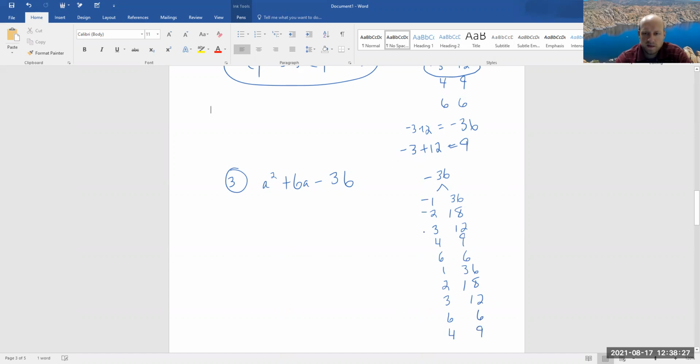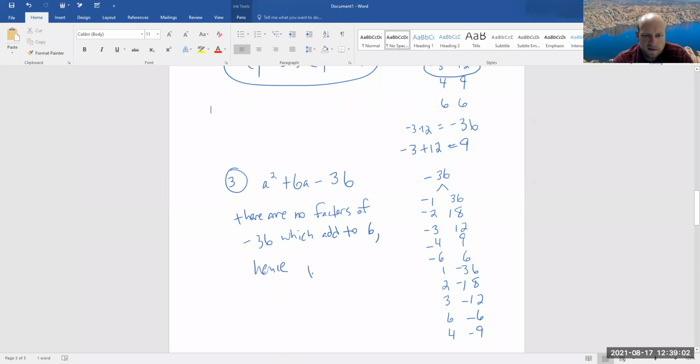We would have to make one of these negative here. But does any of these add to +6? If you go through this list, they don't. So there are no factors of -36 which add to 6.